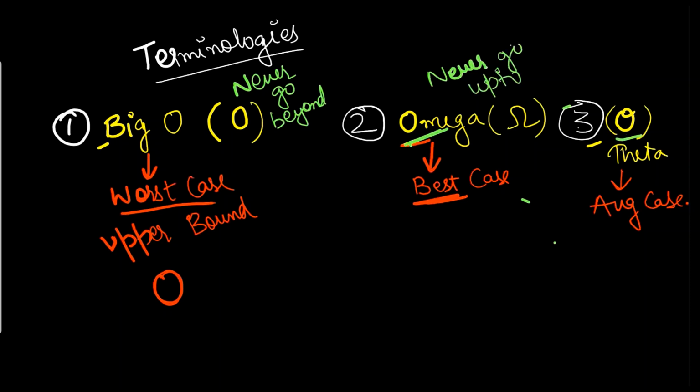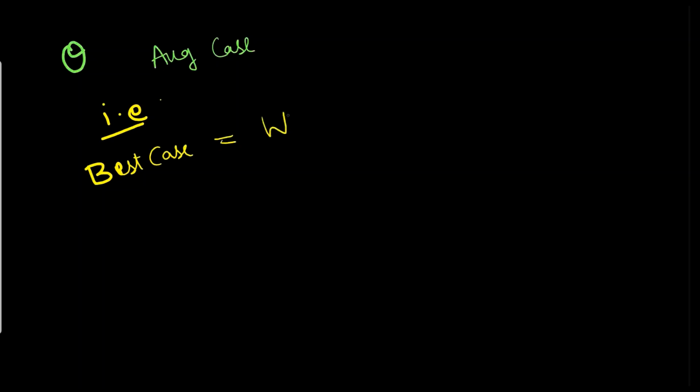Then comes theta. Theta is the average case. That means for some inputs, they will take the same time, when the best case is equal to the worst case.